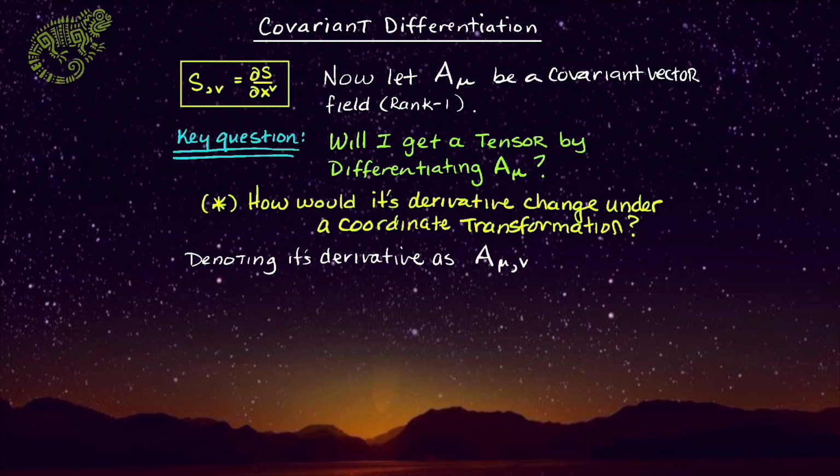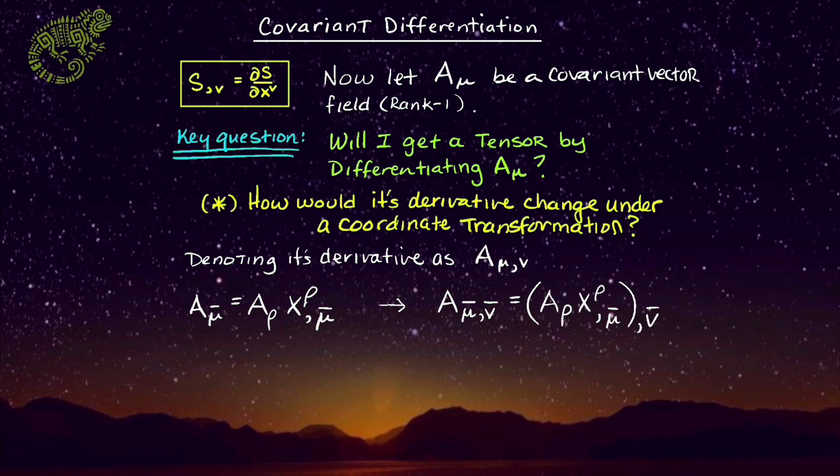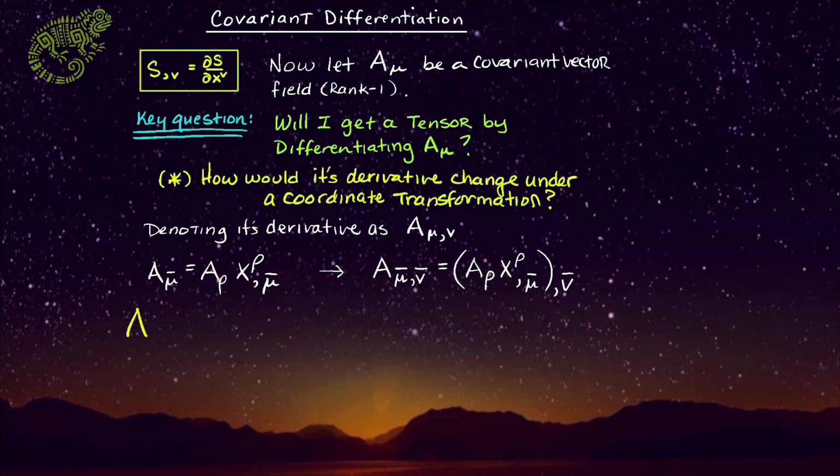So if we denote its derivative as A mu comma nu, and its transformation rule is given here with our barred system, we can write our derivative in the barred system as follows and use the product rule to expand out this derivative.